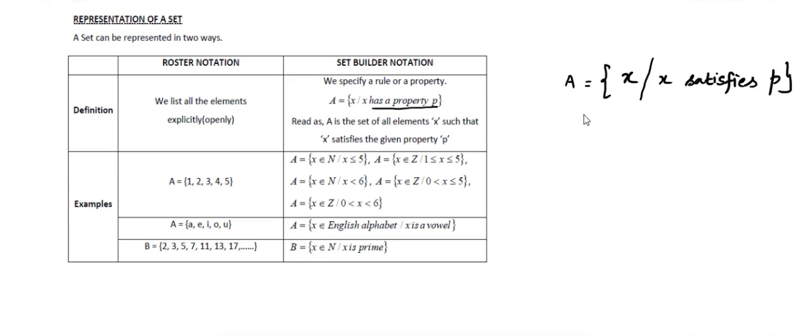Set of all x such that x has a property P. See, it is not at all possible to give everything in a roster form. Clearly mind it. It is not at all possible. Whereas the set builder notation is possible.